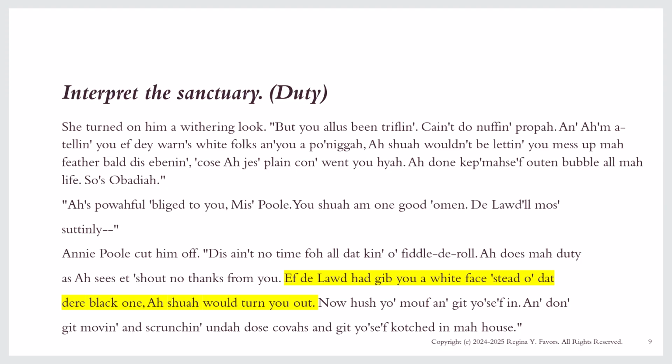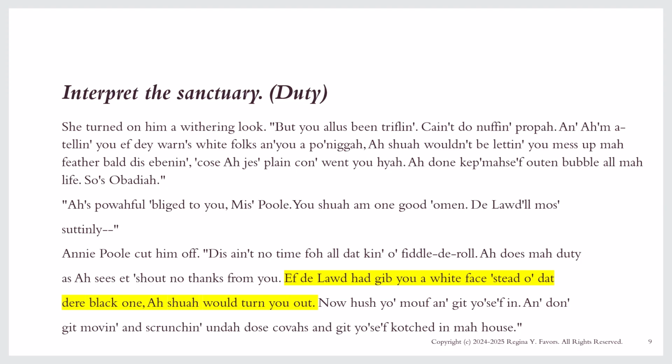She turned on him a withering look. "But you always been trifling, can't do nothing proper. I'm gonna tell you, if they warns white folks and you, I should wouldn't be letting you mess up my feather bed this evening." "I can't read this. Often bubble all my life. So's Obadiah. I was powerful obliged to you, Miss Poole.